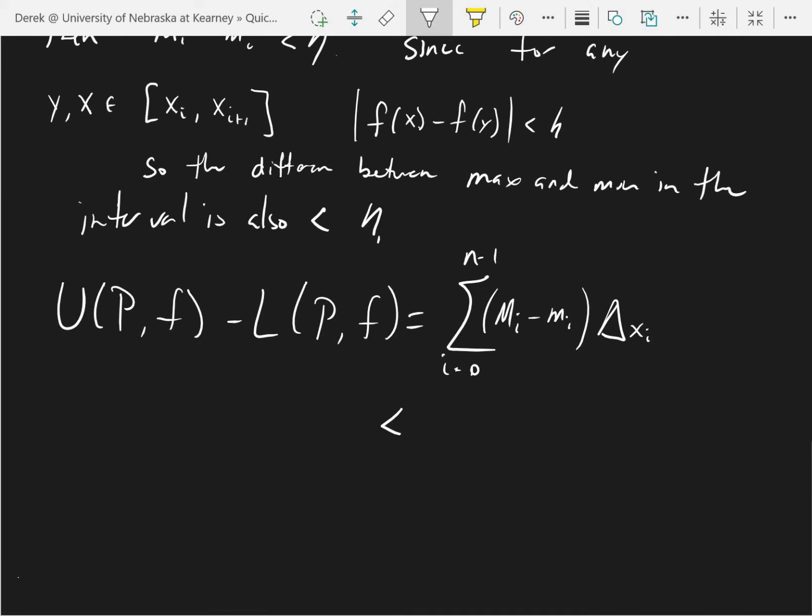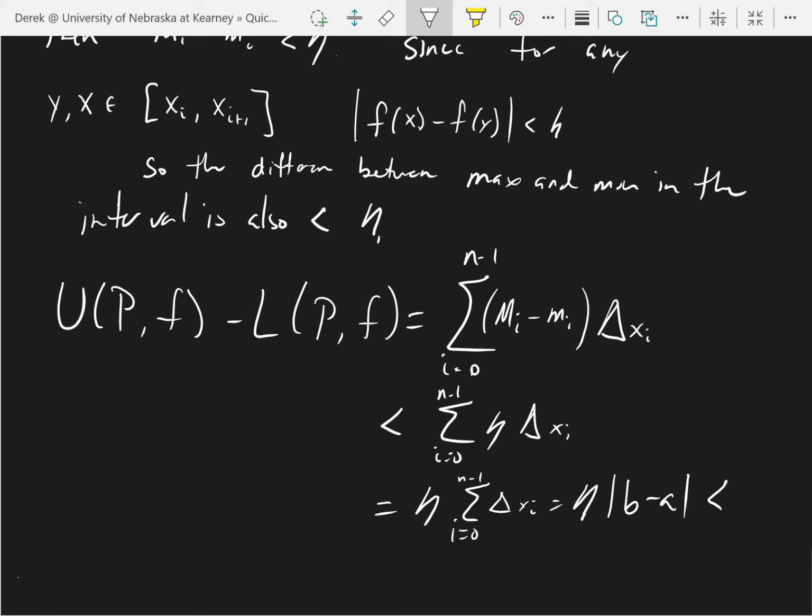And this is less than the sum from i equals 0 to n minus 1 of eta Δx_i, which is equal to eta. I can factor out the sum of Δx_i, which gives eta times b minus a, which we chose to be less than epsilon.